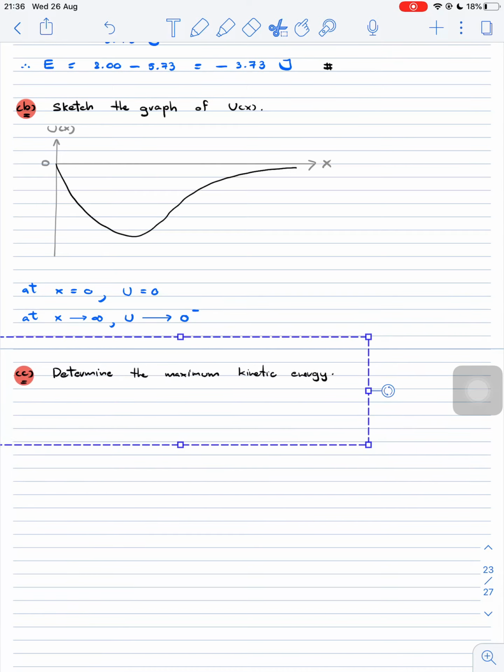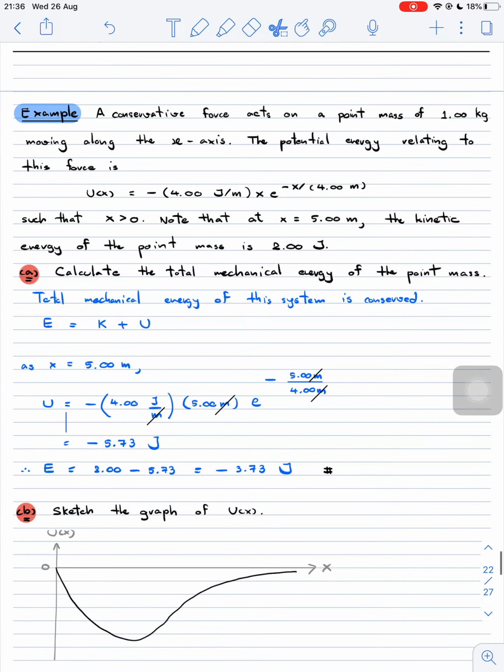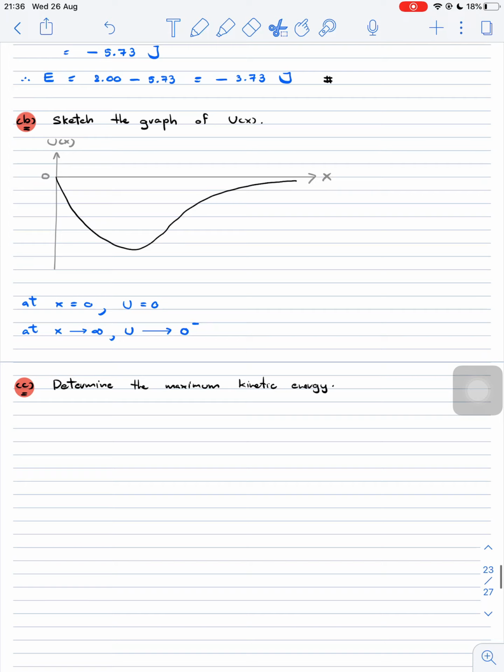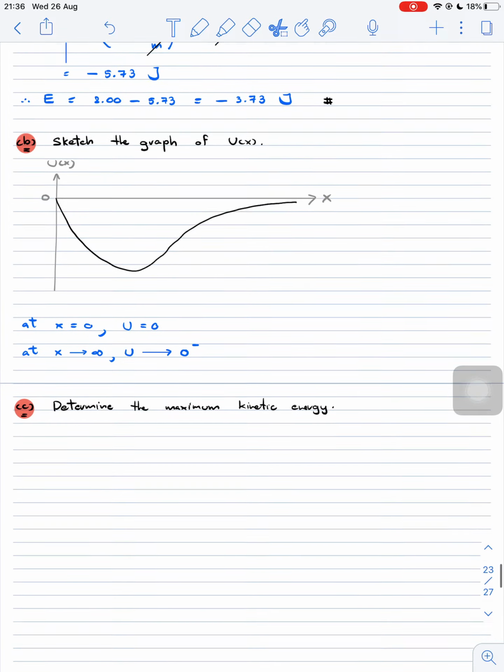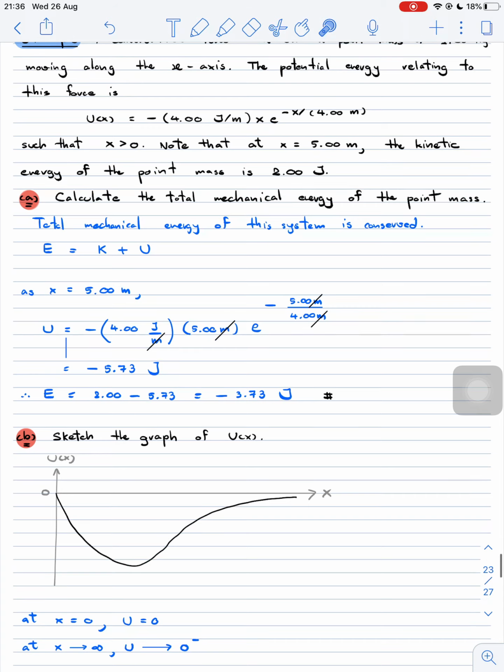Now for part C. Determine the maximum kinetic energy of the point mass. We just want to find the maximum kinetic energy of the point mass. From the conservation of energy, we said that the total energy equals the kinetic plus the potential energy.